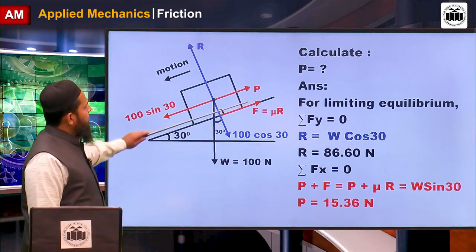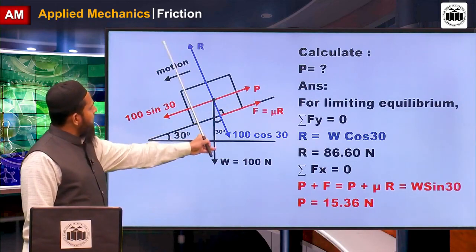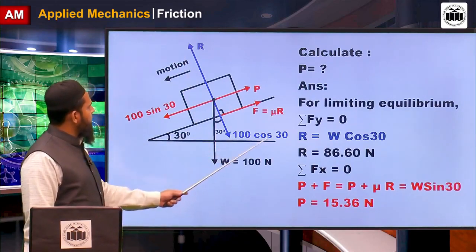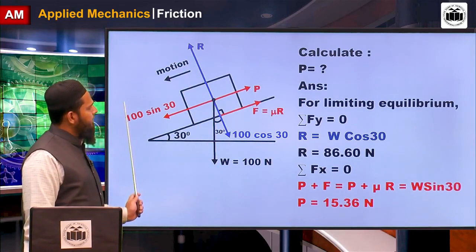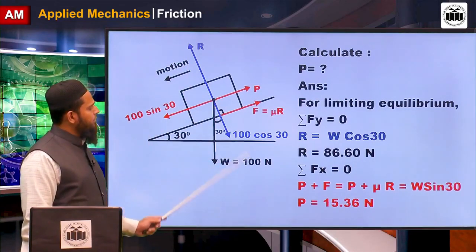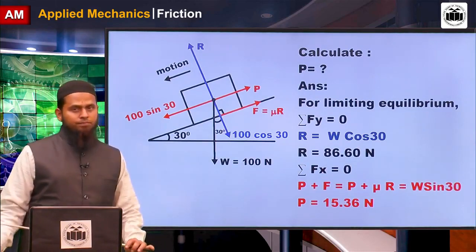Why? Because our X axis is along the plane and Y is across the plane. So resolve 100 cos 30 and 100 sin 30. What is P, to just stop the motion? 15.36 Newton is the pull.